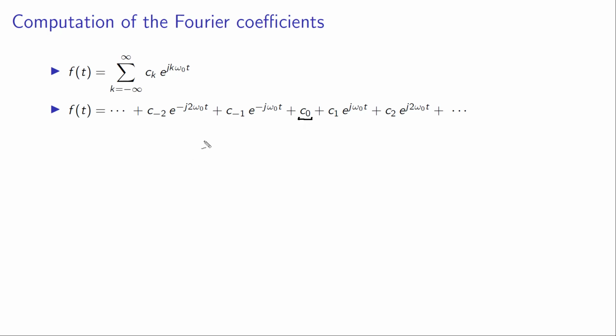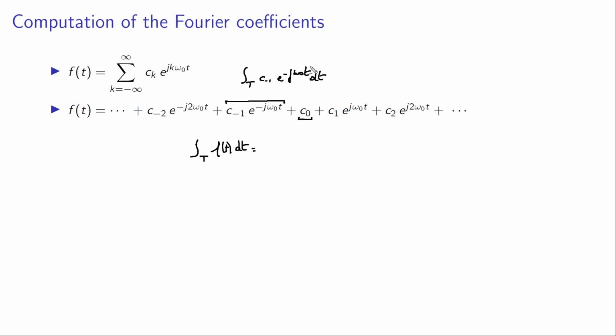So let's have a look at the integral of this function over a period T, so this is the integral over a period of f of t dt. It will be, of course, a sum of integrals of functions like this one. So let's have a look at the integral over a period of c minus 1 exponential of minus j omega 0 t dt.